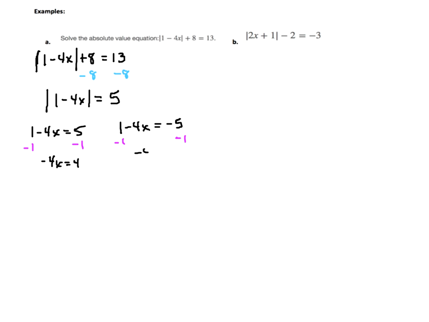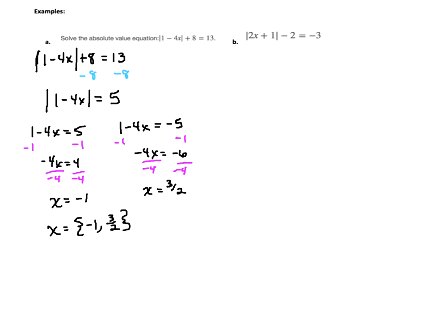And I have -4x equals 4, -4x equals -6, and divide by -4, and I get x is equal to -1 or x is equal to positive 3/2. Either of them will work. So x is equal to either -1 or 3/2.